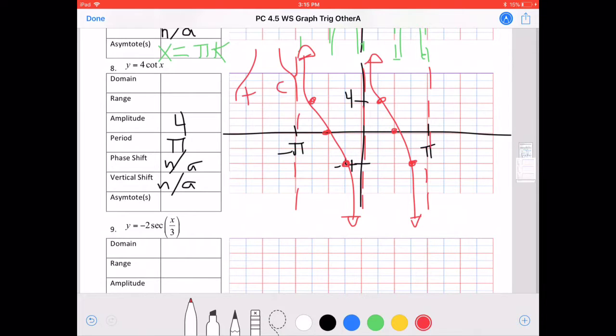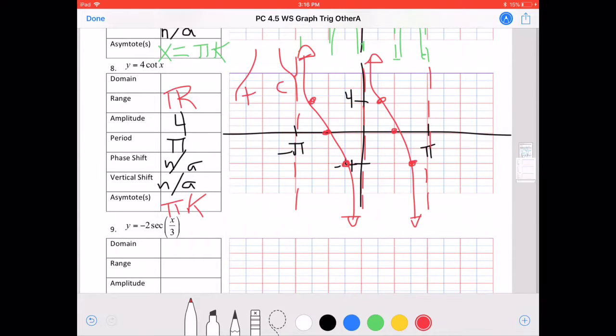So range, oh, we could have done this one right away. Range for tangent and cotangent are always just all real numbers. Asymptote, this one's similar to the one that we just did for number 7. The common difference is the period, so here that's pi times k. And then we would put in our first vertical asymptote, which here is 0.